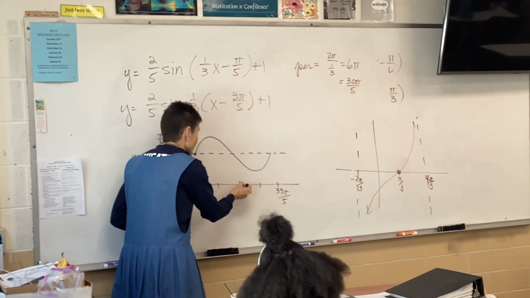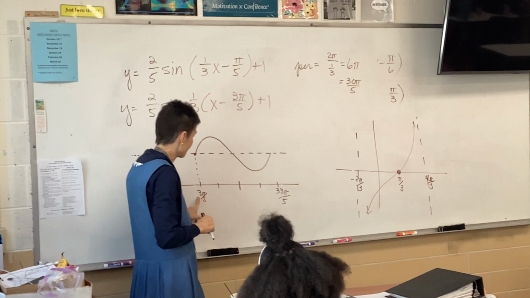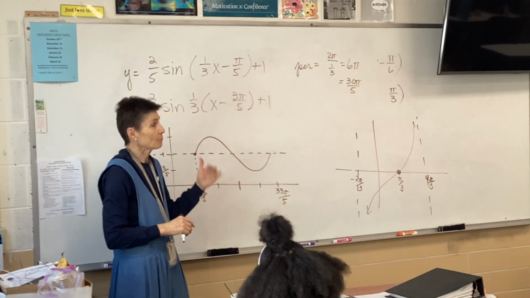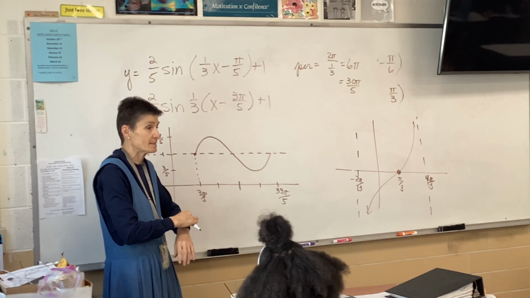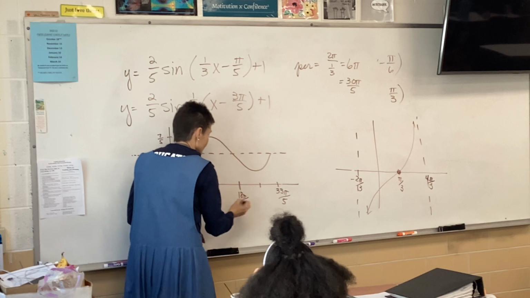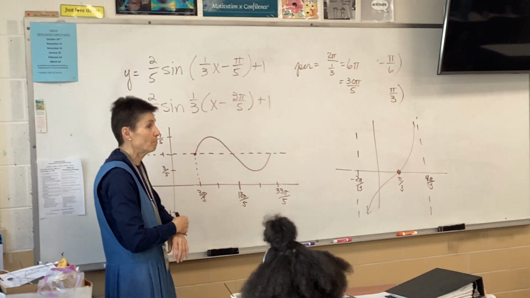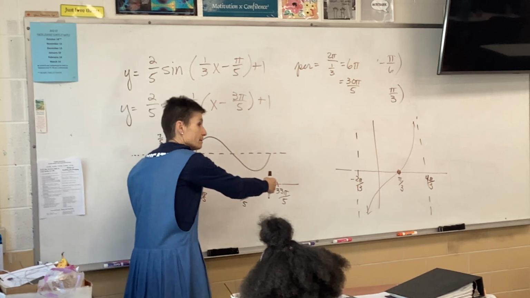And then this is going to be right in the middle, the average of 3 and 33. Well, 3 and 33 makes 36, and half of 36 is 18. So this is 18/5 right here. It's the midpoint, or the average of your beginning and end.